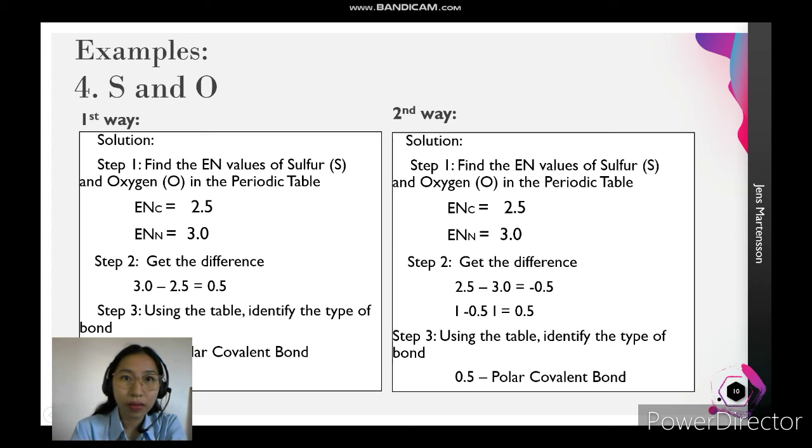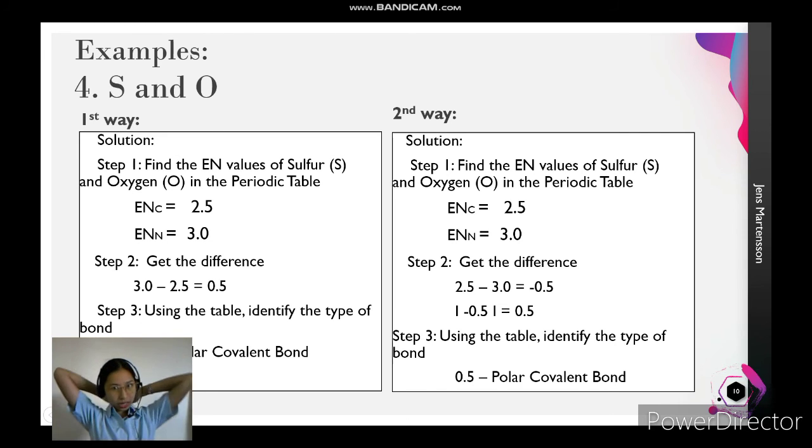Now, let us get the difference. I-minus nato silang duha starting with the bigger value. So, 3.0 minus 2.5. Your answer is 0.5. 0.5 falls under 0.5 to 1.6 sa atong table. Therefore, the type of bond between C and N is a polar covalent bond.